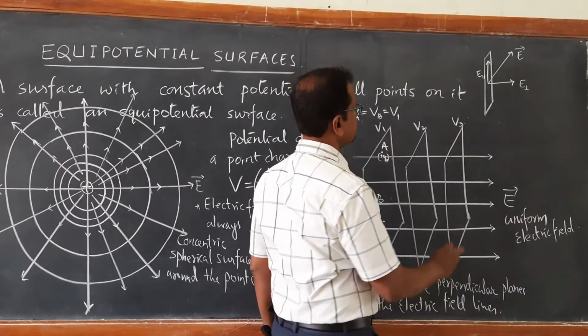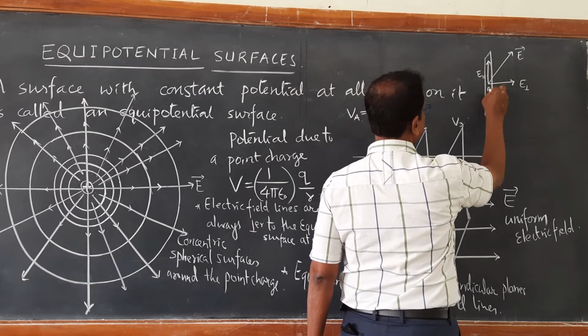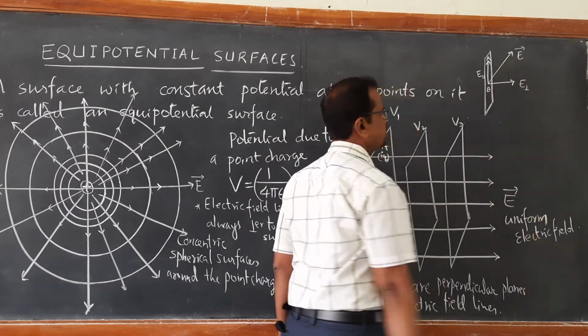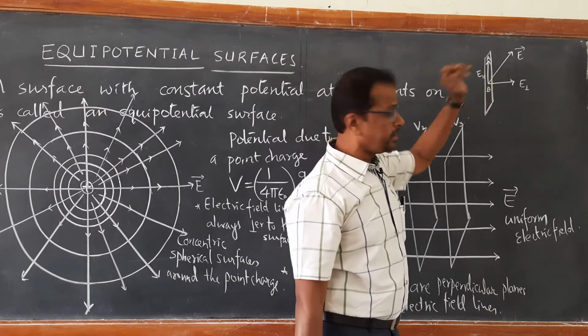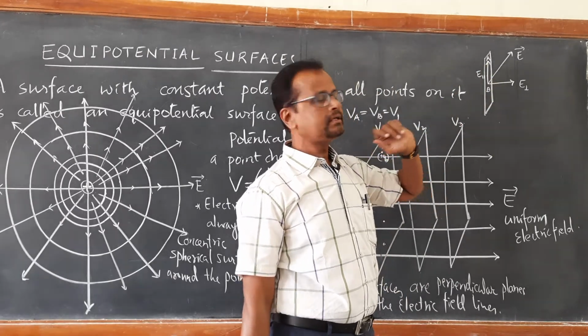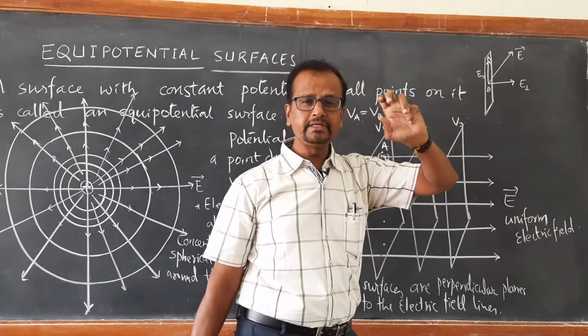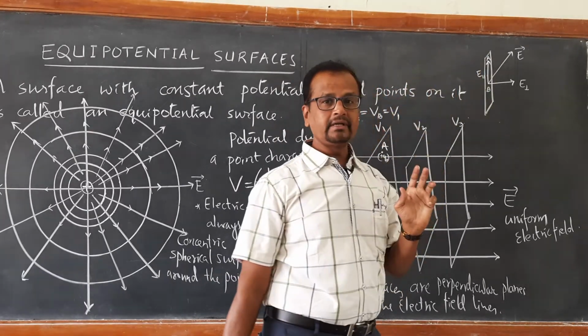So in that case, suppose this is point B and this is point A. If you want to move a unit charge from B to A, then work has to be done.